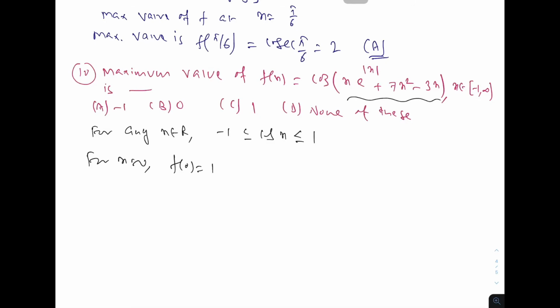That means the maximum value of cosine is 1. So for any x, this f also has the maximum value 1. We don't need to do anything else, because for x equal to 0 this function f has the value 1, and because of the cosine we can't get any value greater than 1. So 1 is our maximum value, attained at x equal to 0.